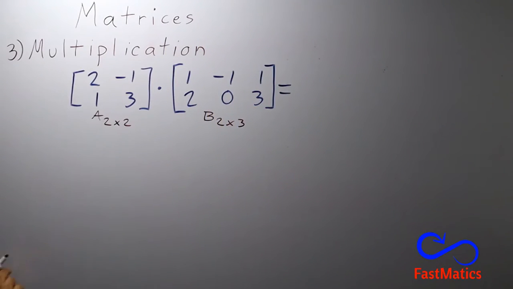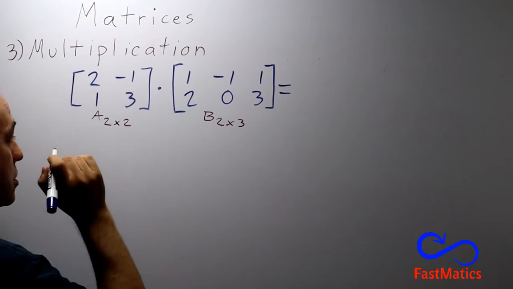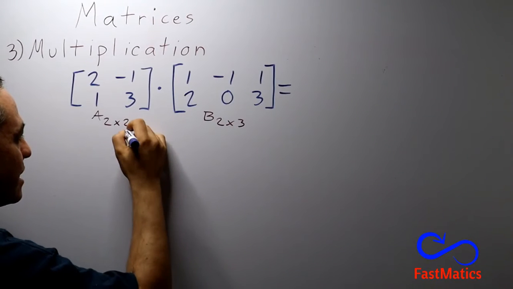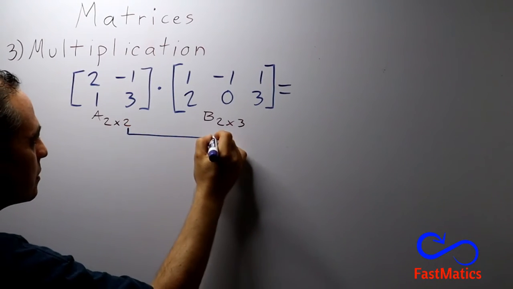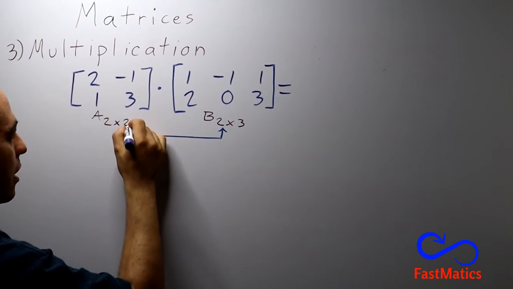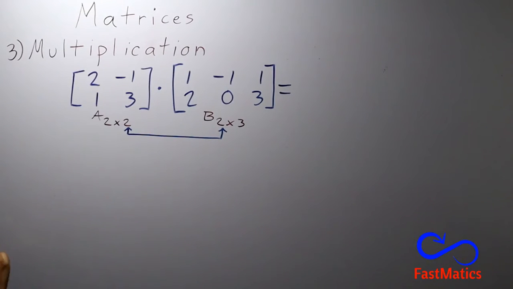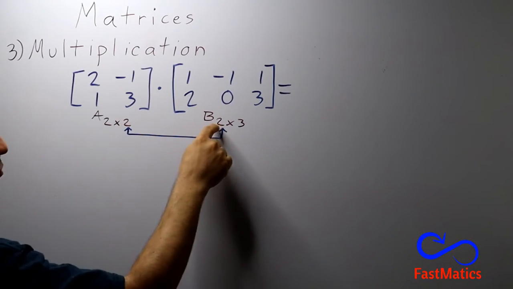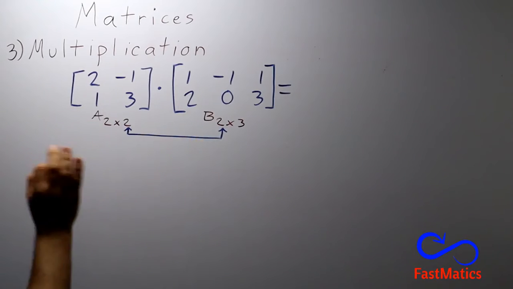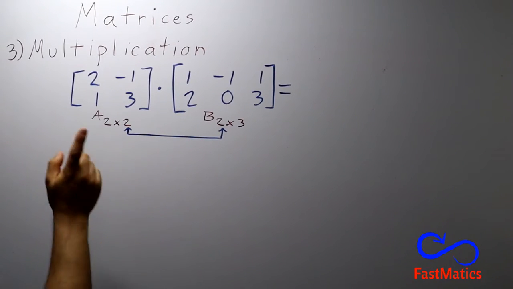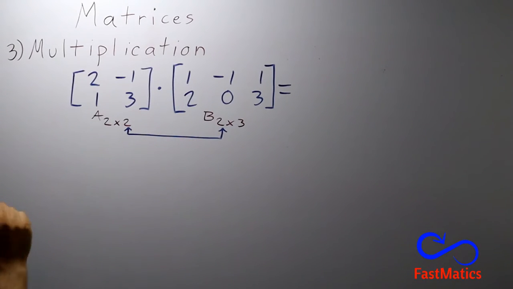After that, you have to see if this number and this number are the same. Because if you don't have the same number here and here, you cannot multiply the matrices. Very important.